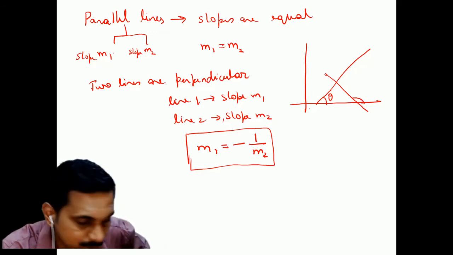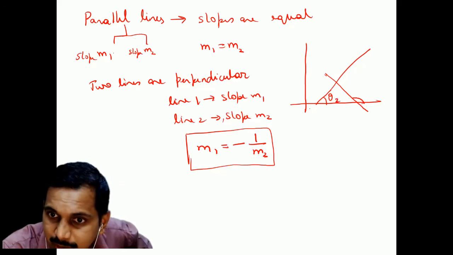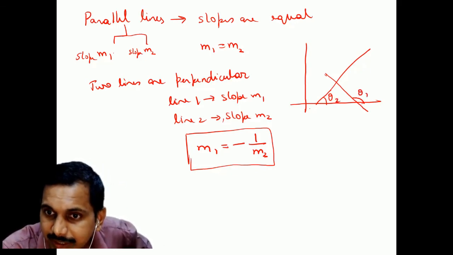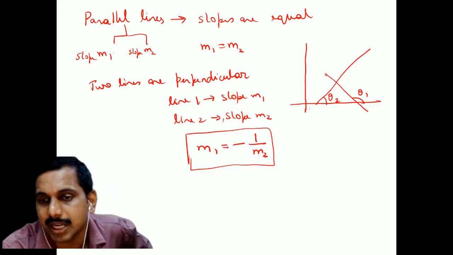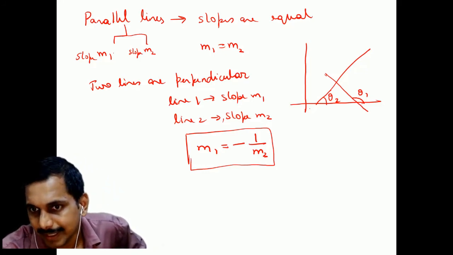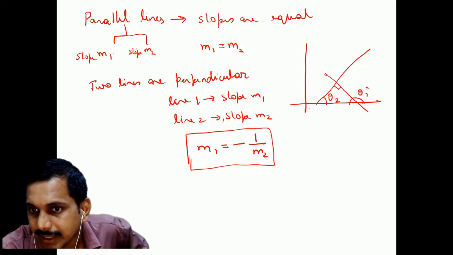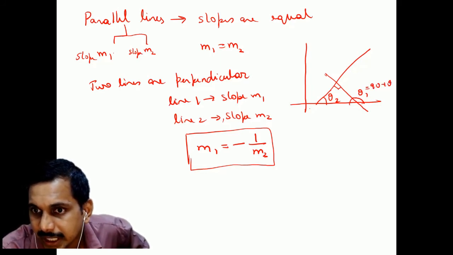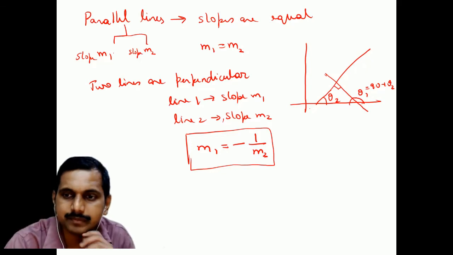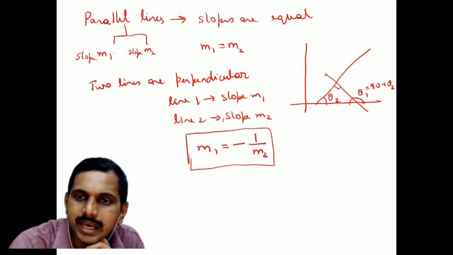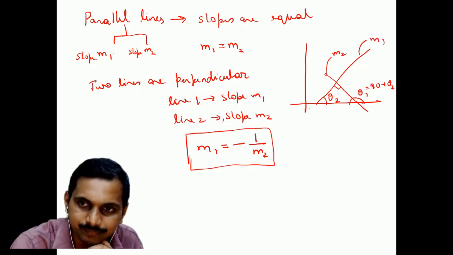If I say this is theta 2 and theta 1, theta 1 is 90 plus theta 2, is it not? Correct? This one will be 90 degrees. So theta 1 is 90 plus theta 2, correct? Agreed, students? See this, this is having a slope m2, this is m1, correct?